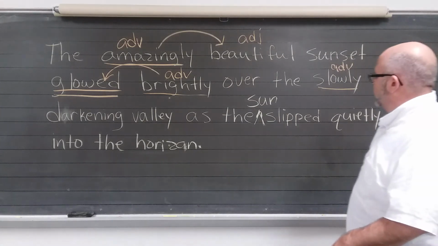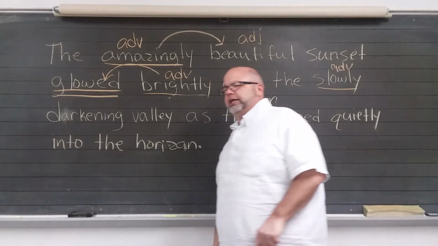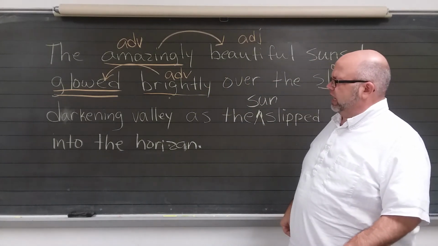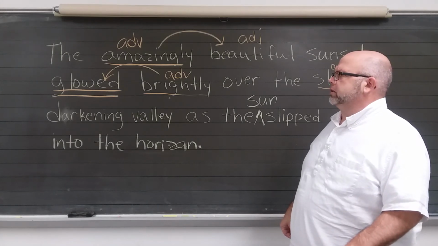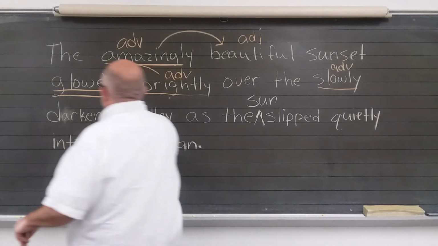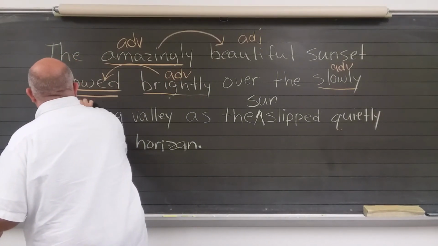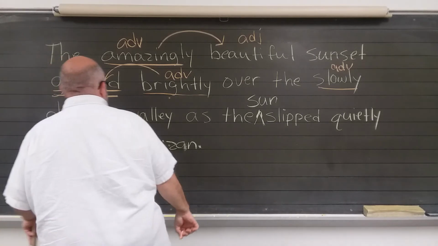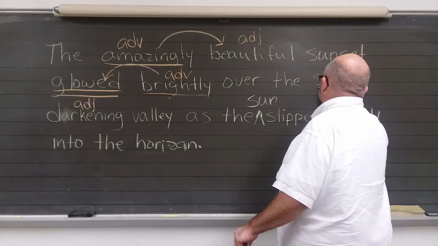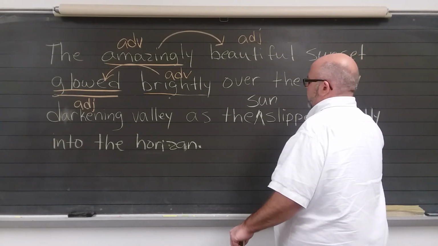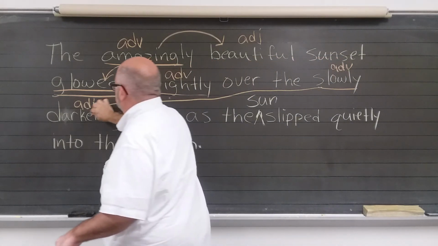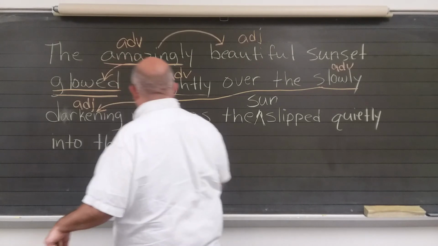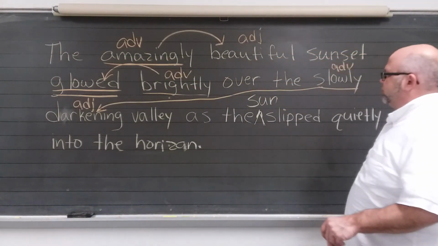Slowly valley or slowly darkening? What is darkening? Darkening kind of looks like a verb. The night is darkening. That's an adjective. It could also be called a participle. And slowly would be modifying the adjective darkening. The slowly darkening valley.